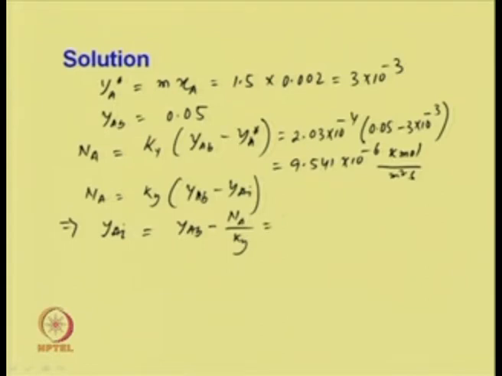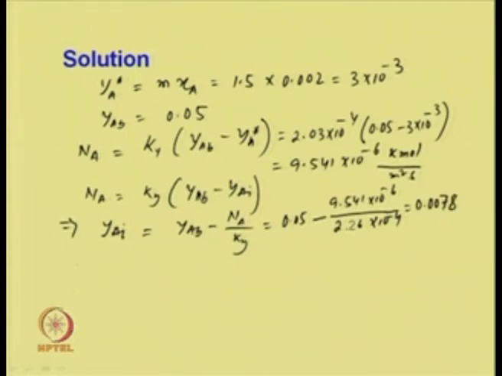If we substitute, it is 0.05 minus 9.541 into 10 to the power minus 6 divided by 2.26 into 10 to the power minus 4, which is equal to 0.0078.